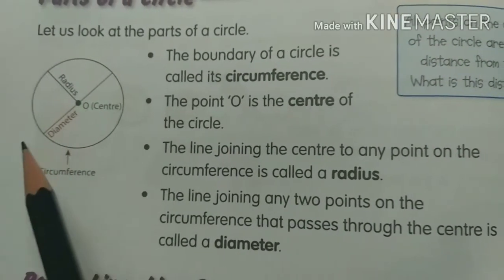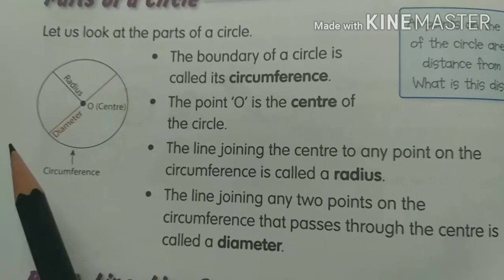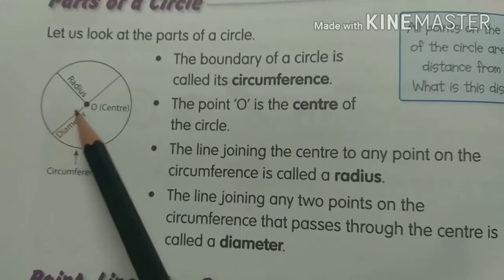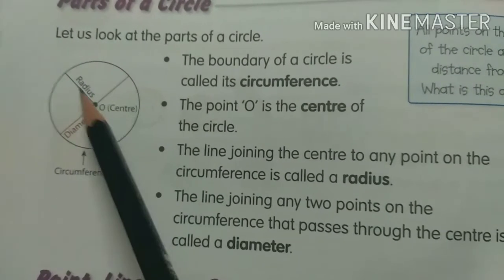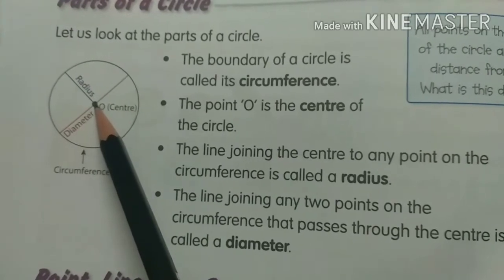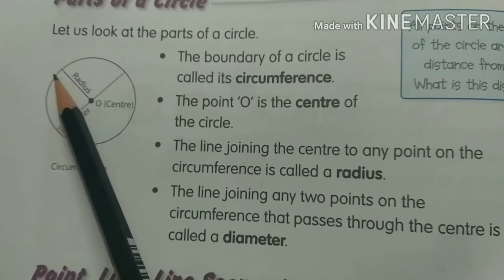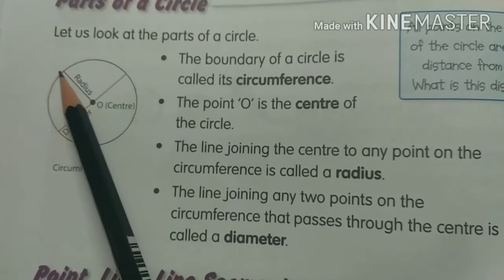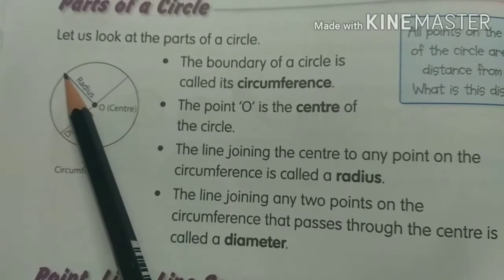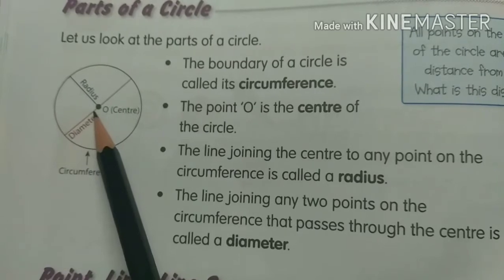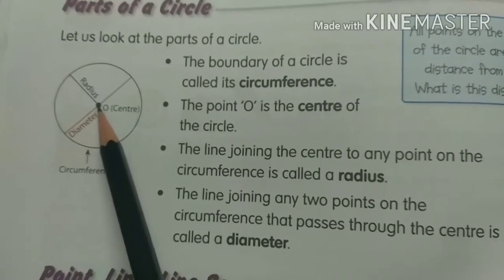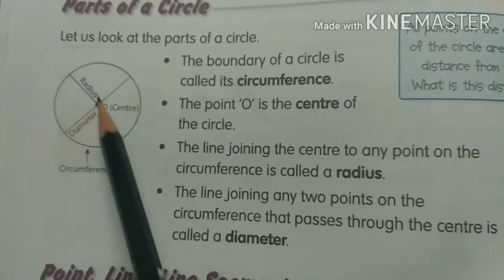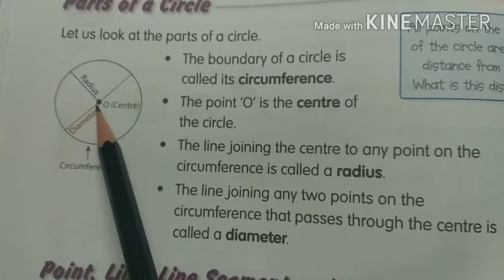This is the circumference. What is called radius? The line joining the center to any point on the circumference.